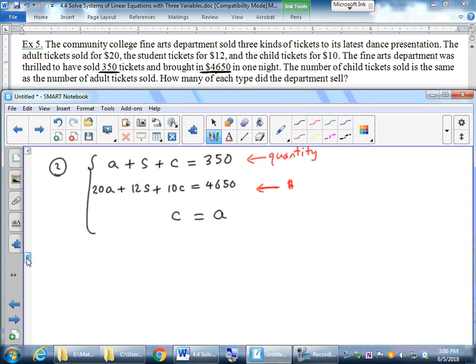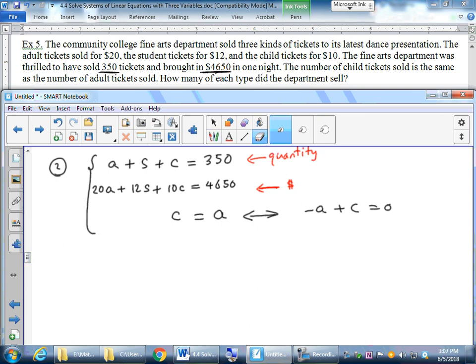By simplifying a little bit, it will make it easier for us to continue. So if I rewrite this third equation into standard form, that will become minus A plus C equal to 0. So what we want to do is choose equation 1 and equation 2 and eliminate variable S. Then we will get the result of A and C, and I can use it with this equation to continue.